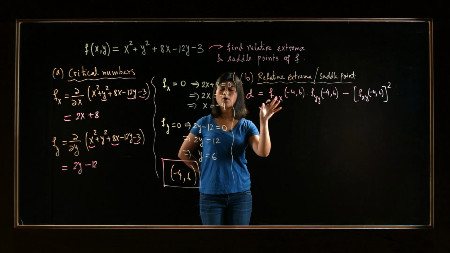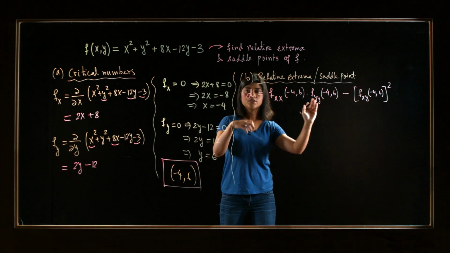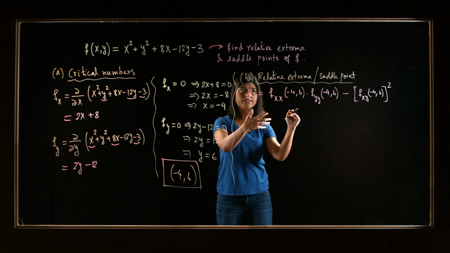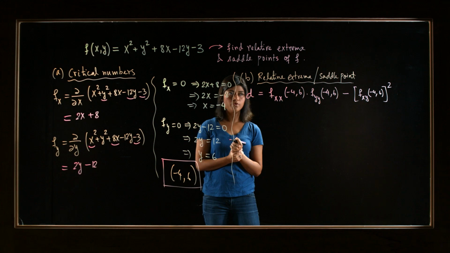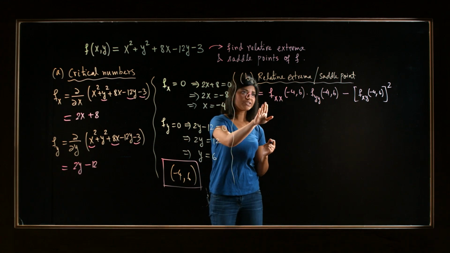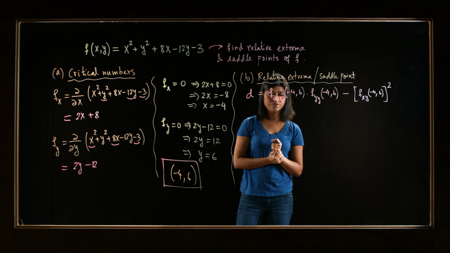This is our second partial test. So you compute the value, and looking at that value or the sign, we will be able to determine whether we have extrema or a saddle point. Now, as you can see, we need to compute the second partial derivatives.